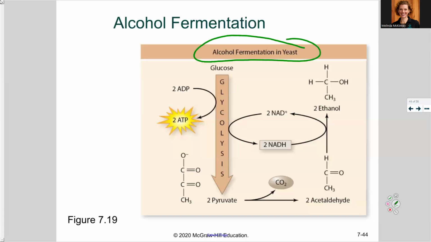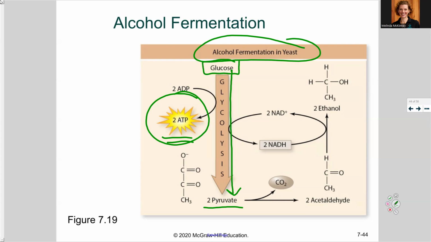Alcohol fermentation, a similar process. You take glucose, you go through glycolysis, you make pyruvate. In this process, again, you're making 2 ATP, which is why we do it, why yeast does it. Yeast is eating the sugar in the bread and the flour, and if you give it extra sugar, it's super happy. So yeast is an organism, it's a fungus. It consumes the sugar, it makes ATP so it can live and reproduce, right?